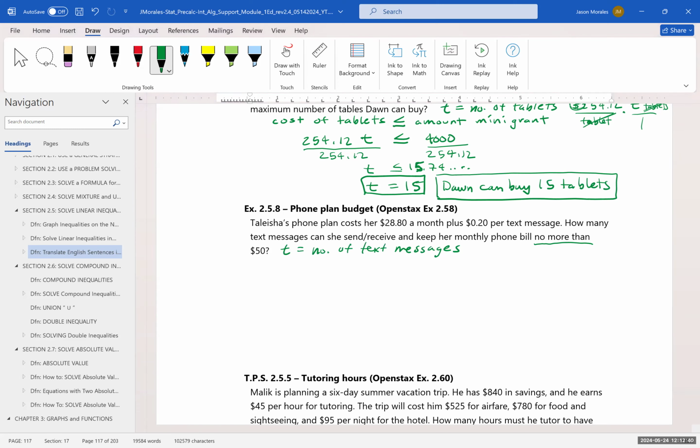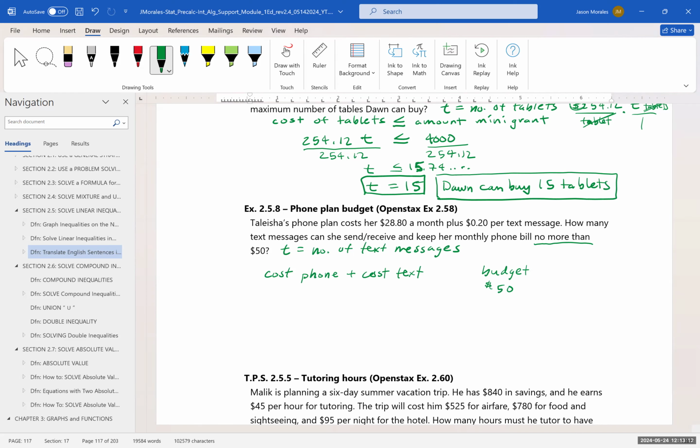For Talisha, on one hand, she's going to have the cost of the phone plan plus the cost of the text messages on one side. And on the other side, she has her budget of $50.